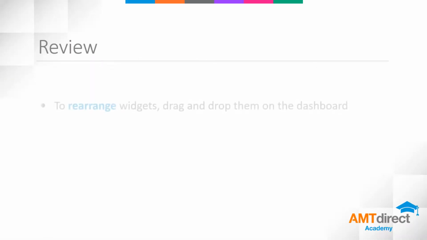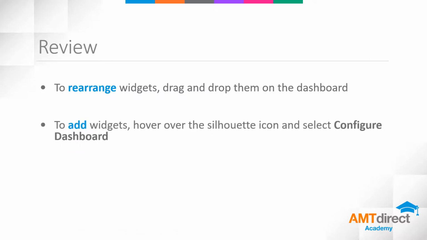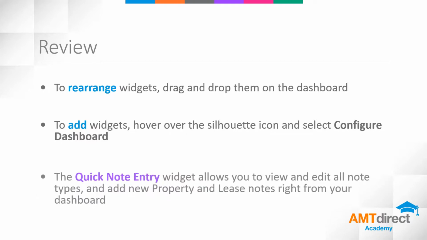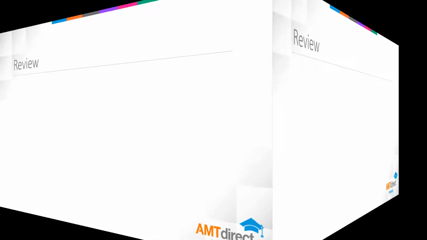To review, widgets can be rearranged by dragging and dropping them on the dashboard, and you can add widgets by hovering over the silhouette icon and selecting Configure Dashboard. The Quick Note Entry widget allows you to view and edit all note types and add new property and lease notes right from your dashboard.